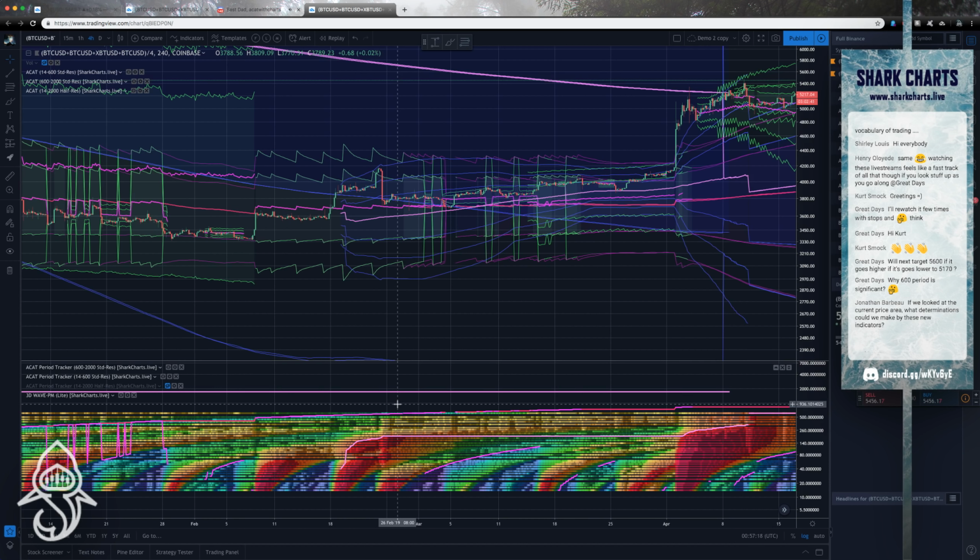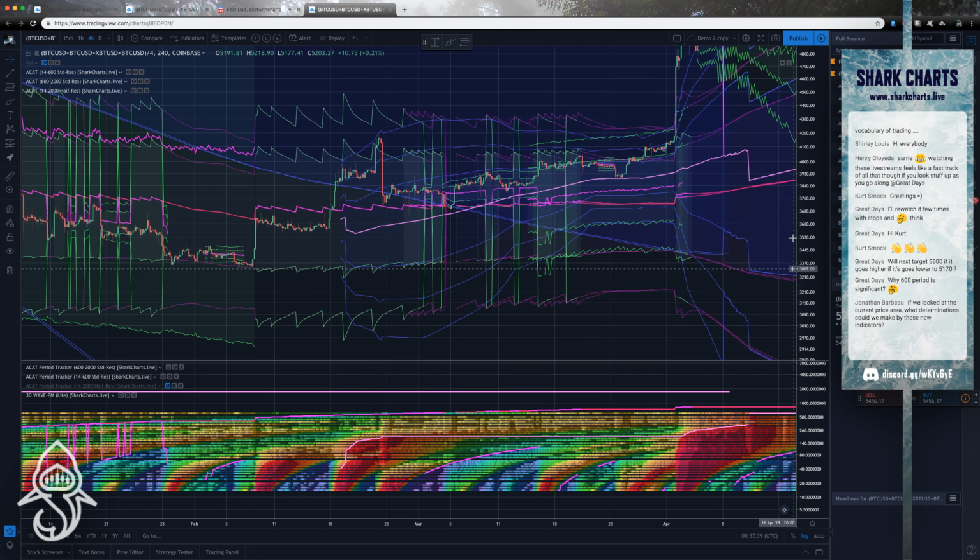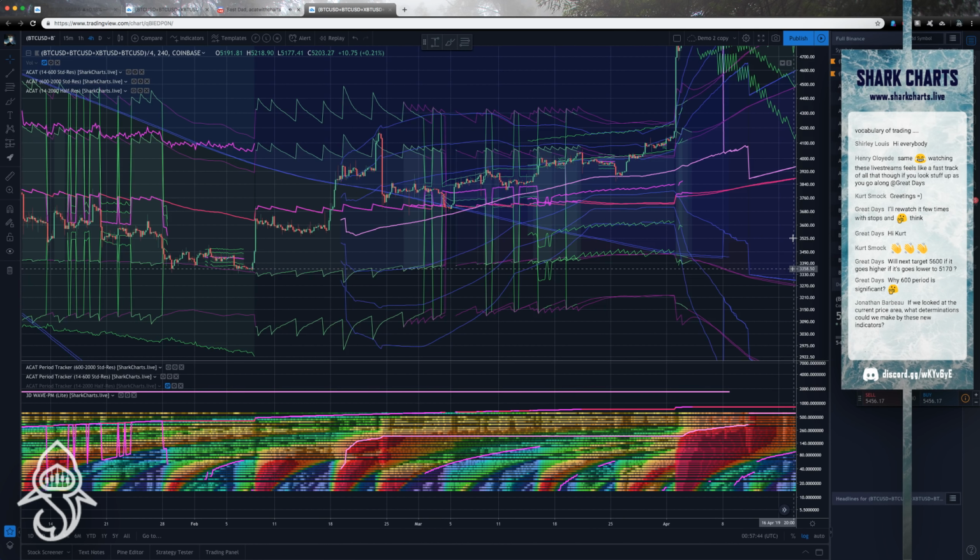And the general plan with the ACAT indicators is that they're going to supersede and deprecate the existing mean reversion MA and compression MA indicators. If you're already subscribed to those, I'll leave you with access to those, and grandfather you into having access to the older ones if you still want to use them while you're subscribed. But going forward, I'm going to support ACAT instead, since it's better and newer.